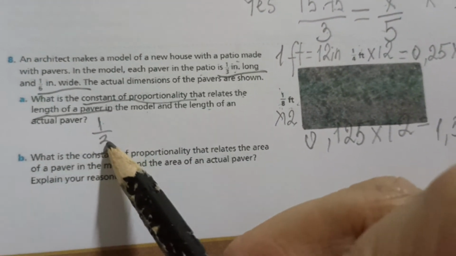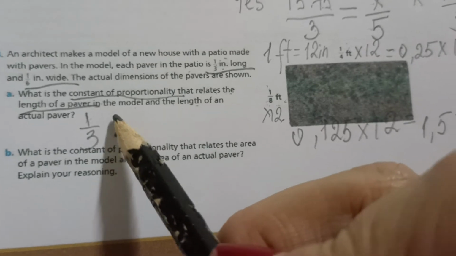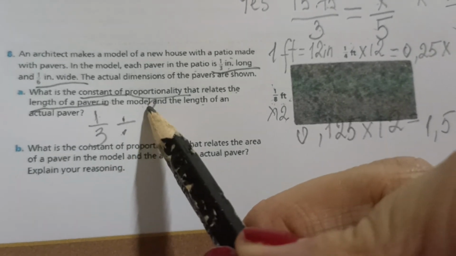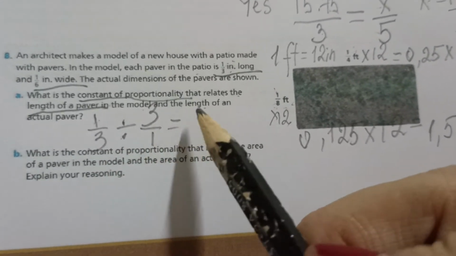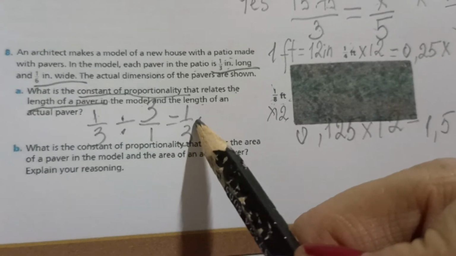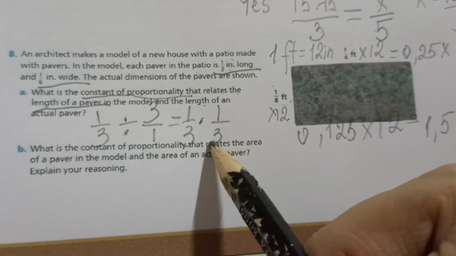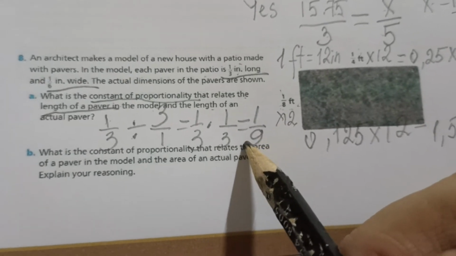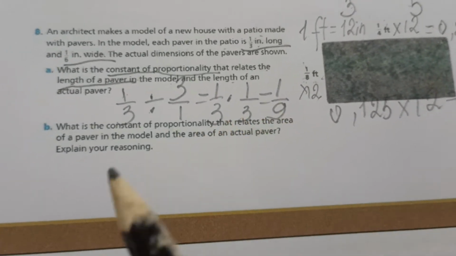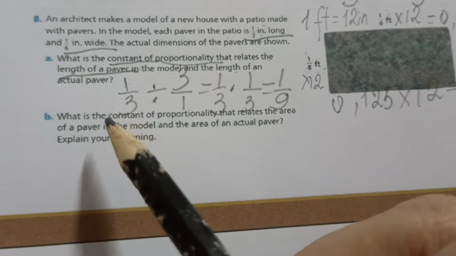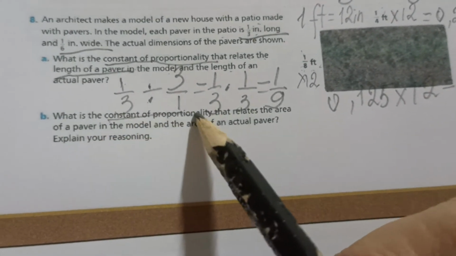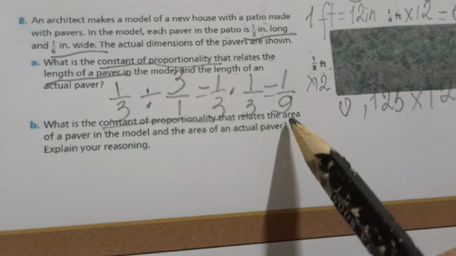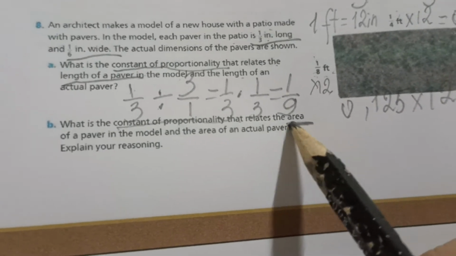Okay, so 1/3 related, you know that this is divided into 3, is going to be 1/3 multiplied by 1/3 is going to be 1/9, sorry, 1/9.